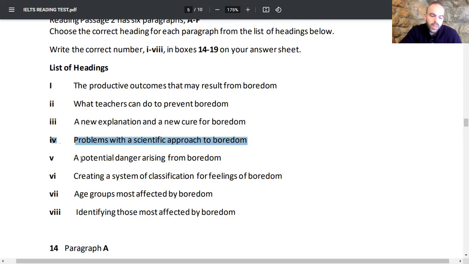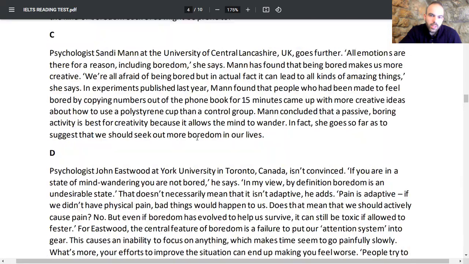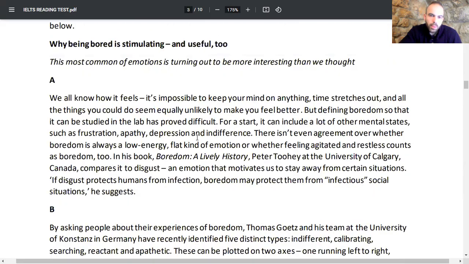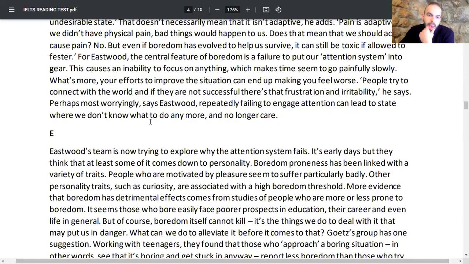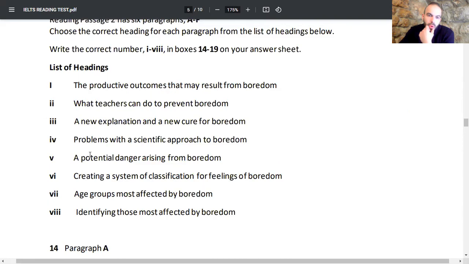Problems was written as has proved difficult, so then it's a problem, and it can be studied in the lab, so then it's a scientific approach. So a scientific approach that has proved difficult means a problem with a scientific approach. So this sentence is completely matching with heading number 4, okay? So A is matching with 4, problems with a scientific approach to boredom.